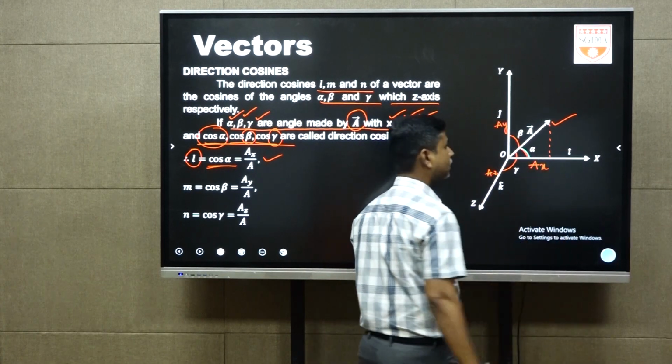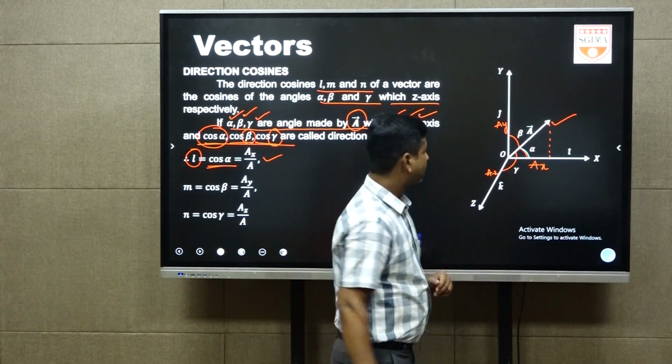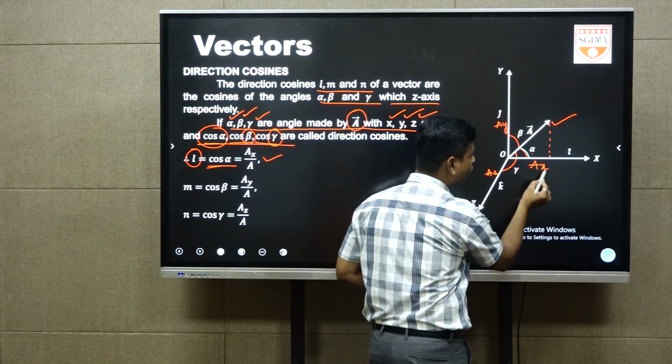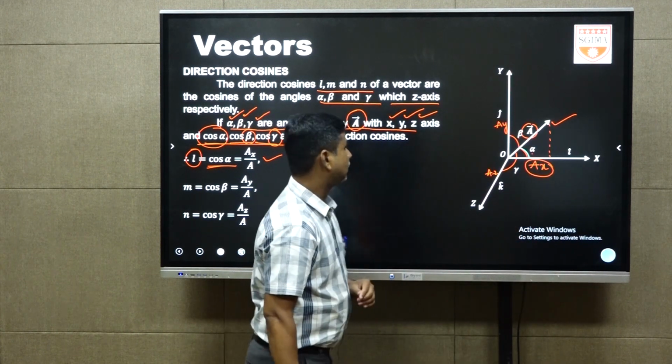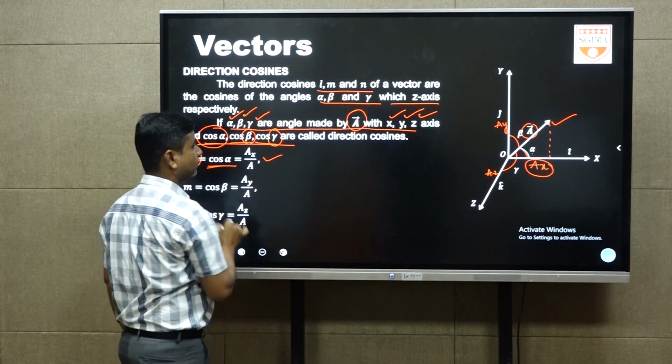Take one line, it is the right angle triangle. From this right angle triangle, cos alpha equals adjacent upon hypotenuse, that is AX by A.